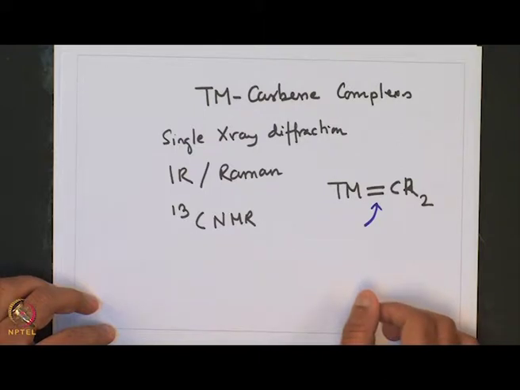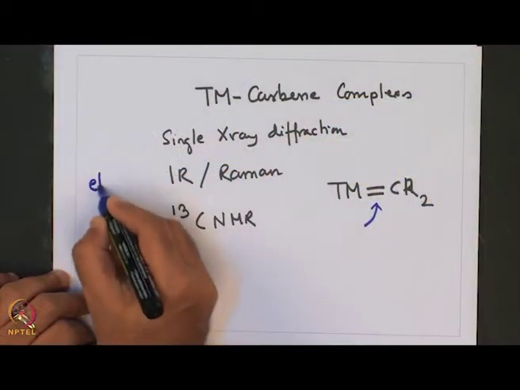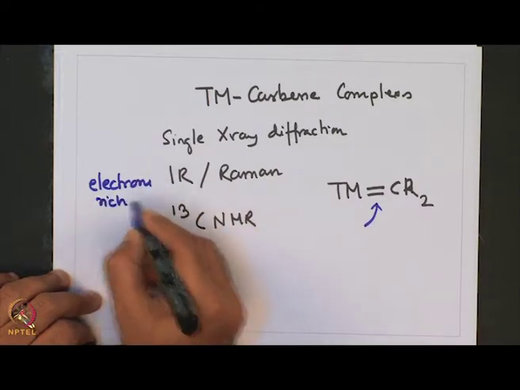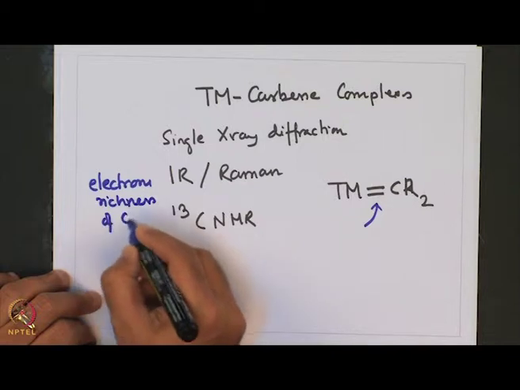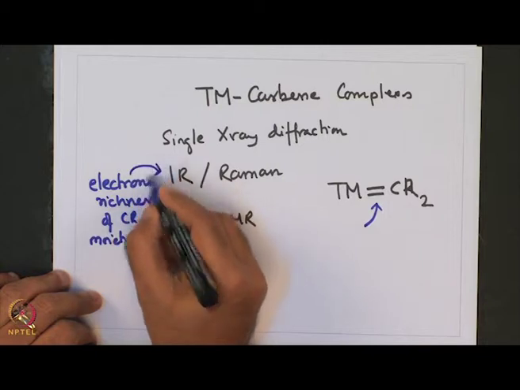Similarly, the infrared and Raman spectroscopy was used in quantifying the electron richness of the carbene center by monitoring the stretching frequencies of the metal carbonyls which were trans to the NHC ligands. So, these threw light on the electron richness of the CR2 moiety bound to a transition metal.